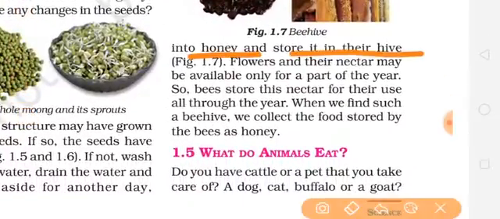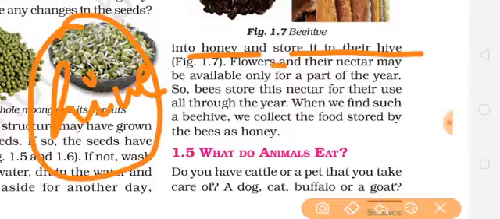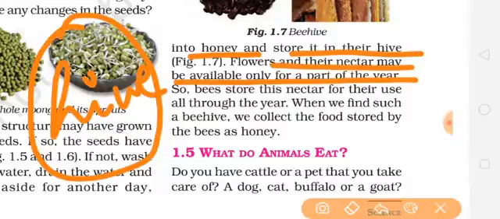And the next picture which is given is a beehive, and we know in the hive the bees are living and they collect the sweet juices from the plants, and these sweet juices are called nectar, and this nectar is converted into honey. And flowers and their nectar may be available only for a part of the year.